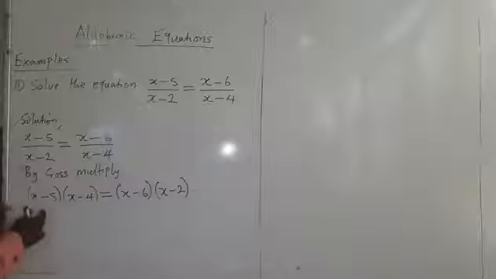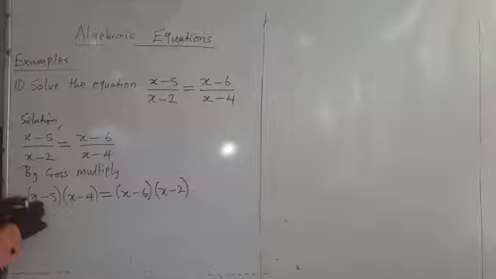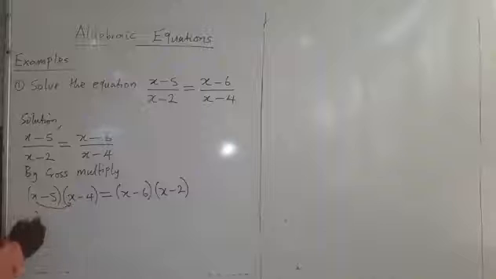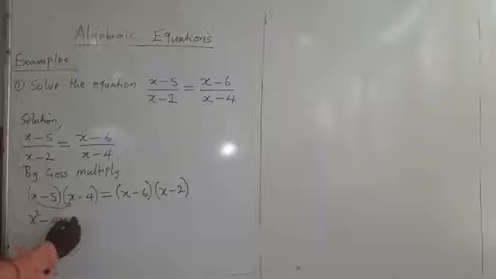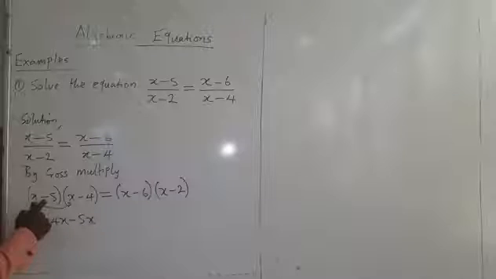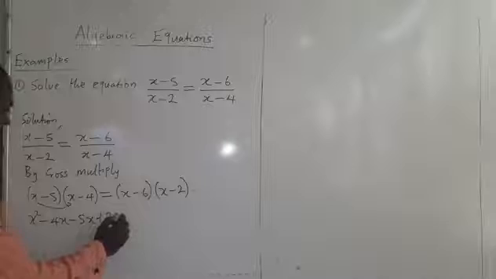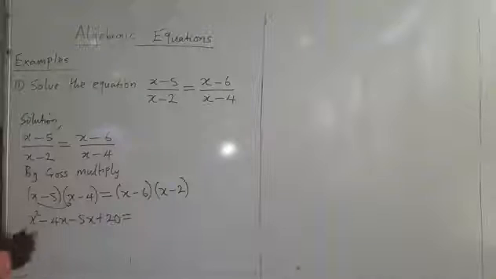To expand the bracket, use each of the terms from the first bracket to multiply the second bracket. So we have x multiplied by x, which is x squared, then x multiplied by minus 4, minus 4x, then minus 5 multiplied by x, minus 5x, then minus 5 multiplied by minus 4, that's plus 20, equals, so no more bracket.